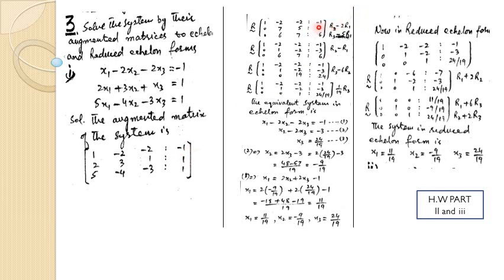So by this property we can make the entries below 1 zero. Now again the same thing, because we need to make 0, 0 here. Which row do we want to make 0? Row 3.